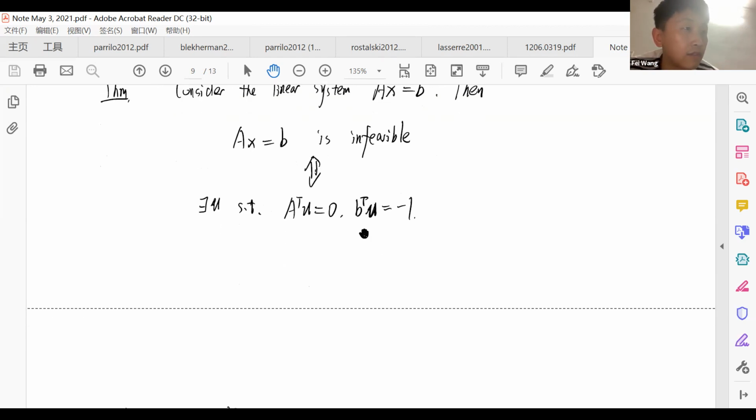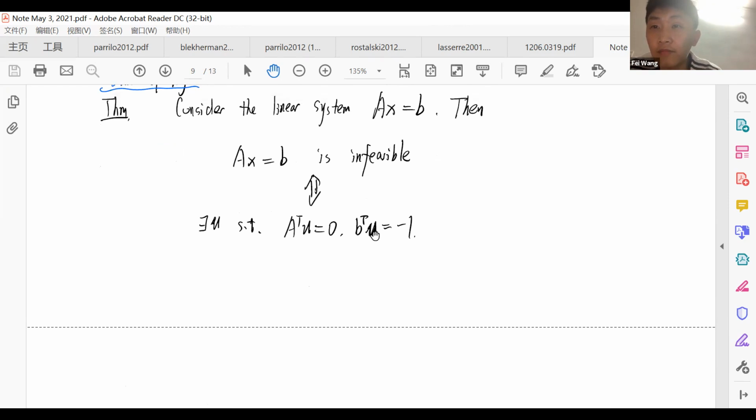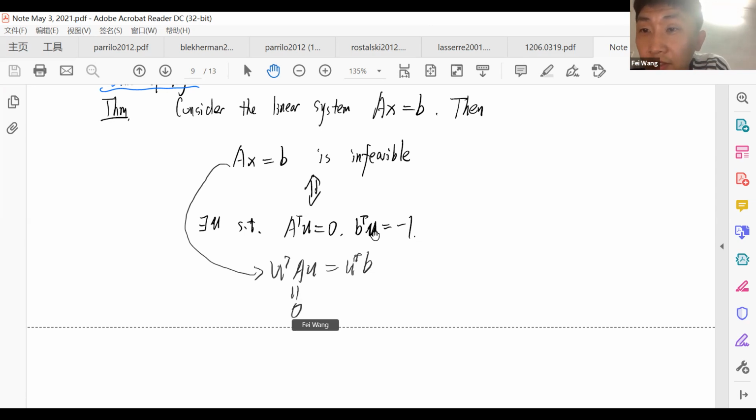One direction is easy, right? If A transpose u is 0 and b transpose u is -1, then from Ax = b I multiply by u transpose, and the left side becomes 0 and the right side becomes -1.